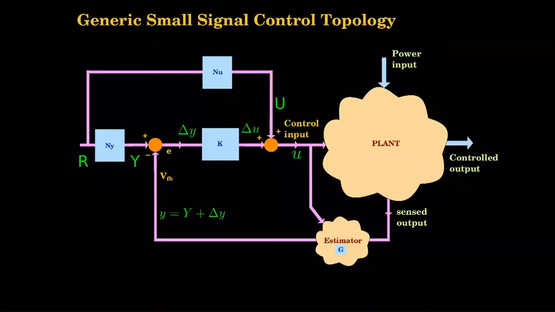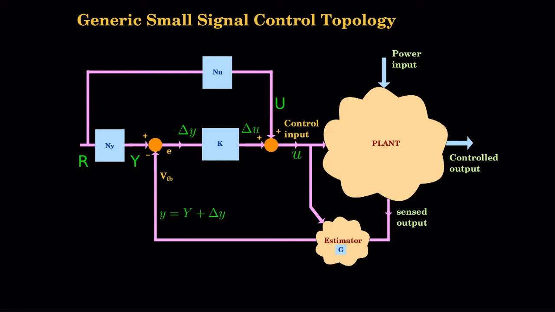We had developed this generic control topology strategy where you had the plant, the estimator, and you need to design the estimator gain G, in case you do not have all the sensors to sense all the states.